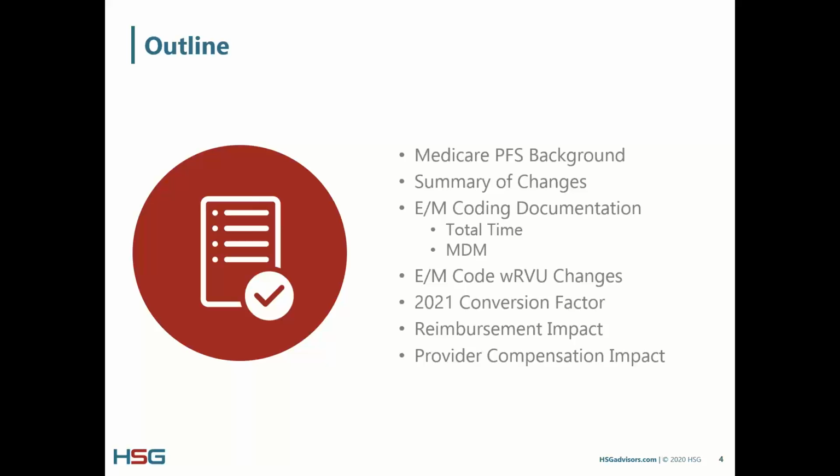We'll also touch on the changes in RVU values for these codes, the 99201 to 205 and the 99211 to 215, but also the trickle-down effect on many other codes. And that's something that hasn't got as much press, but is truly a significant impact across the board. And then finally, the impact on the conversion factor for this year, which is decreased to create a budget neutrality factor with the notable increases in RVU values.